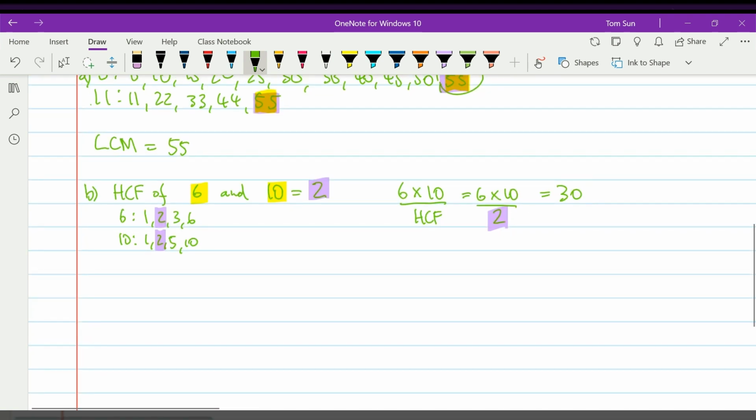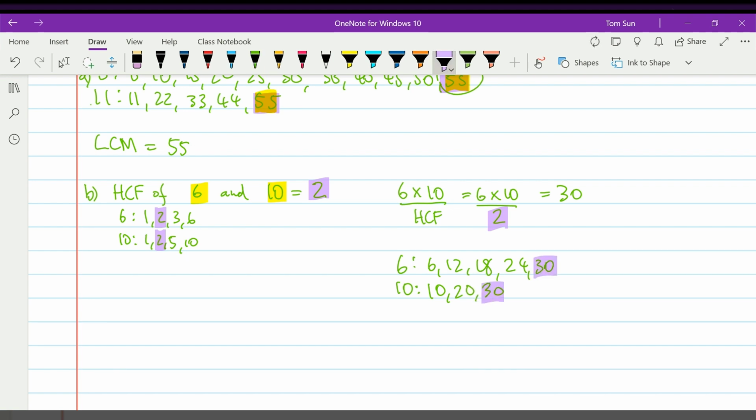We can also prove this by testing this theory. So let's go 6 and 10. We'll list out the multiples: 6, 12, 15, oh not 15, sorry, 18, 24, 30. Okay, let's leave it there, let's see what happens. 10, 20, 30. And here we go.